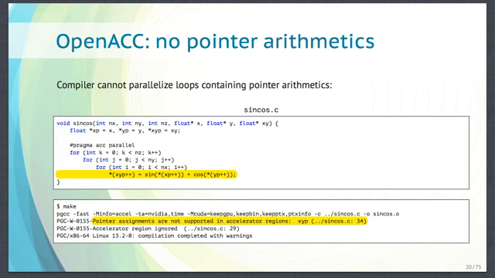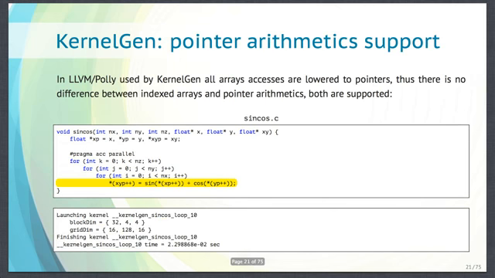For this reason, we can parallelize these kinds of loops if developers prefer to make accesses through pointers and increment pointers after each iteration. In the case of OpenACC, this is completely restricted. Honestly, I don't have an idea why they are so restrictive, because in our case, we're also able to parallelize this language feature, this code styling.